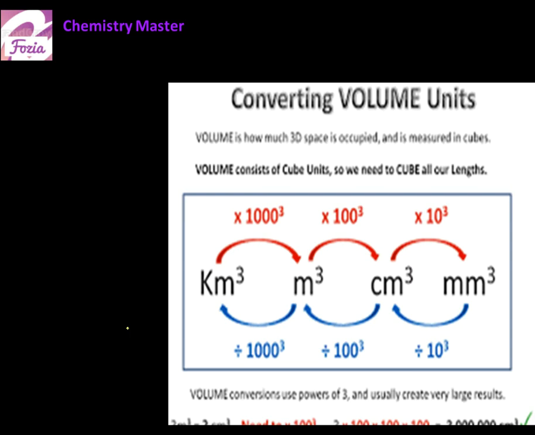So you must know what the smaller units and what the larger units are, and by what factor they are related. Very small units are millimeter cubed, centimeter cubed, then comes a bigger unit, meter cubed, and kilometer cubed.